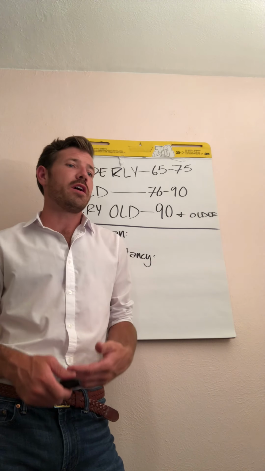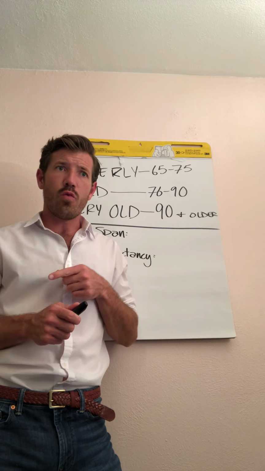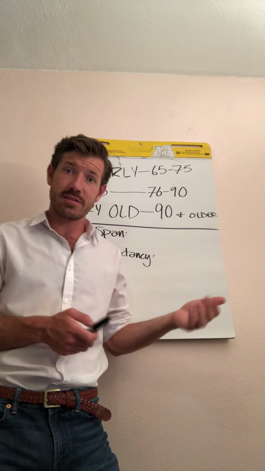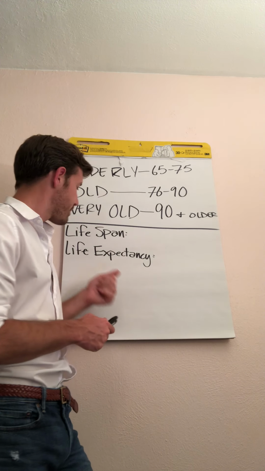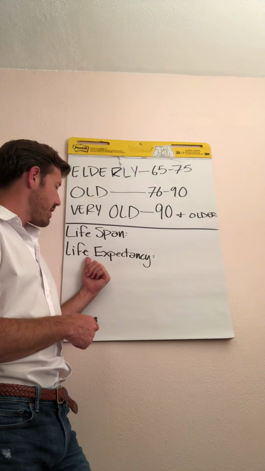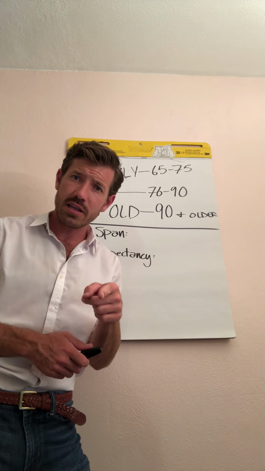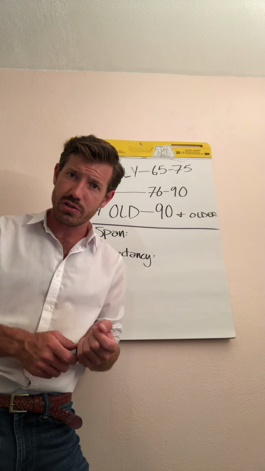So we're looking at a specific species and we say, what member of that species has lived the longest? And then we record that as the lifespan of a species. That's how long that species can live. The next one is we look at life expectancy and we say, how old is that person currently and what do we expect them to live to based upon their current age?